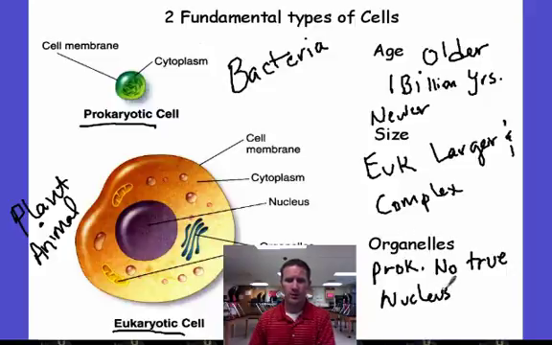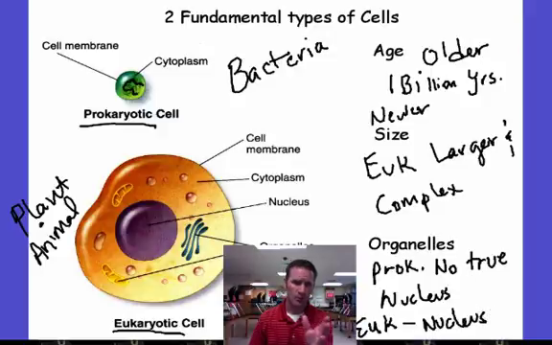The prokaryotic organism basically has free-floating DNA in it, so the DNA is just floating around inside here, whereas the eukaryotic organism has a nucleus, and it has that nucleolus and everything inside it, and inside the nucleus is the DNA. So that's inside there, but it's not free-floating around in the cell, whereas in the bacteria it is. So that's a huge difference.